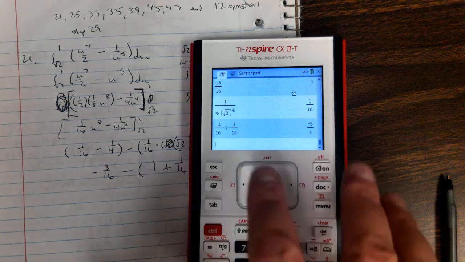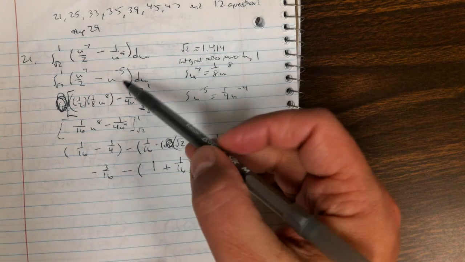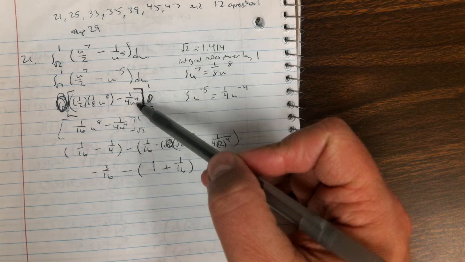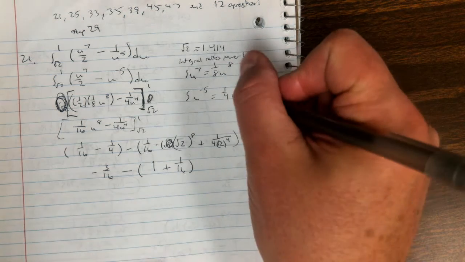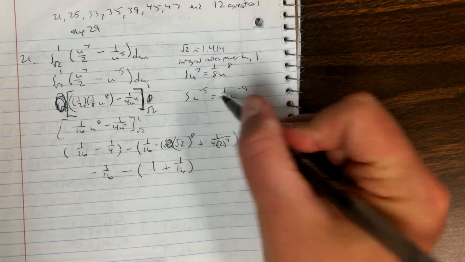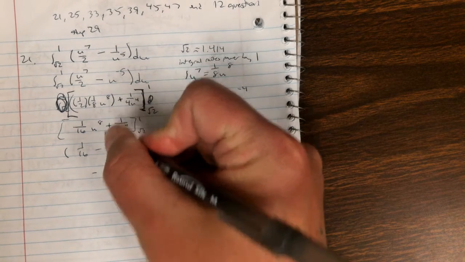Okay, what I just realized is that when we did this part about making it go from 5 to 4, this needed to be a negative 4 down here. So that basically changes all these signs to plus.